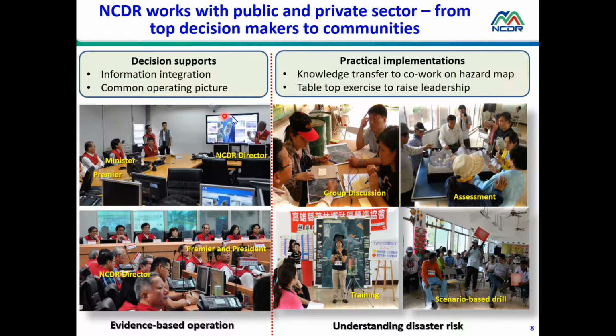During the typhoon emergency operation, he spoke to the Premier and the Minister of Interior at such a short distance with our information system. So this is a very good example of how to use an understandable common operating picture to talk to top decision makers, to understand the situation and make decisions.